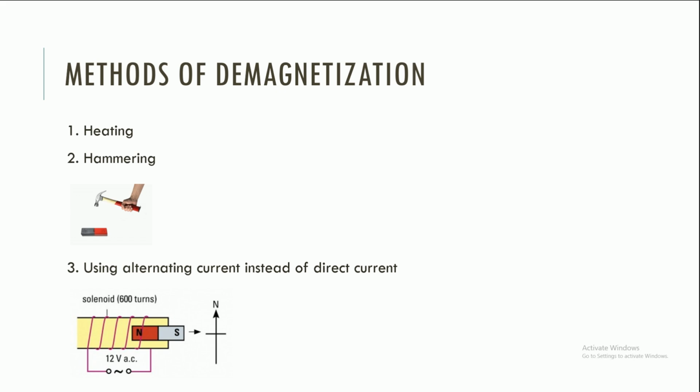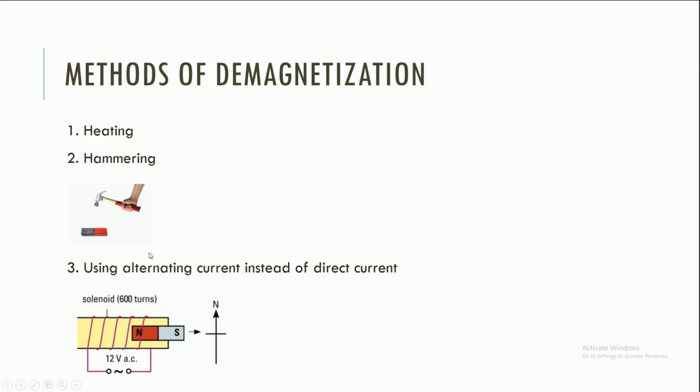If the domains are well aligned, then it's basically a magnet. If the domains are all random, then it's not a magnet, essentially. So heating it and hammering it, physical impact, all those things will misalign the domain particles inside the magnet and therefore demagnetize it.